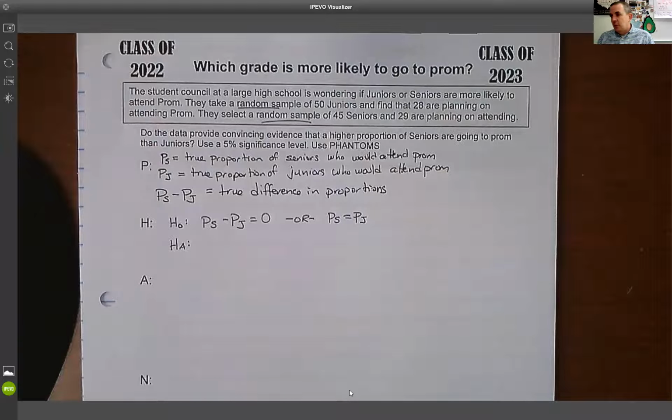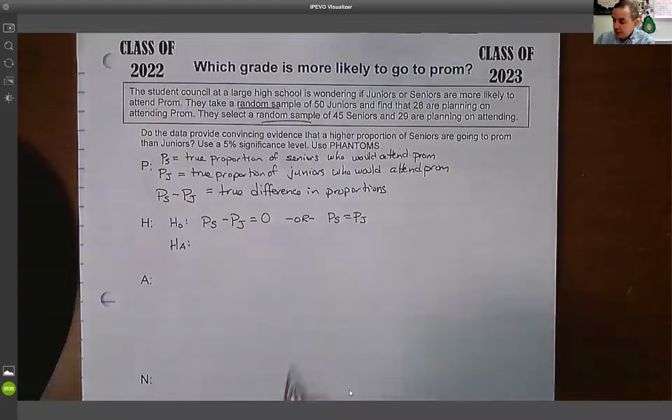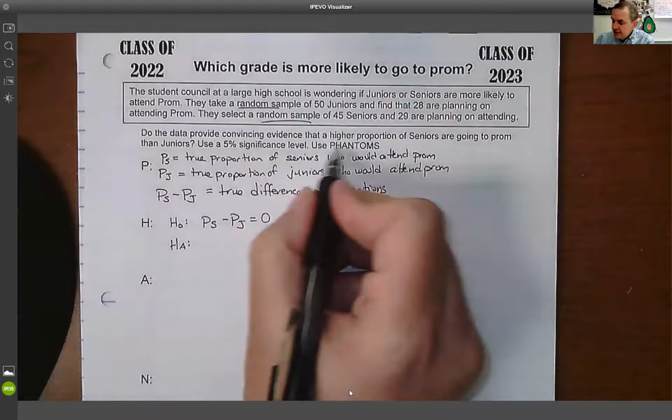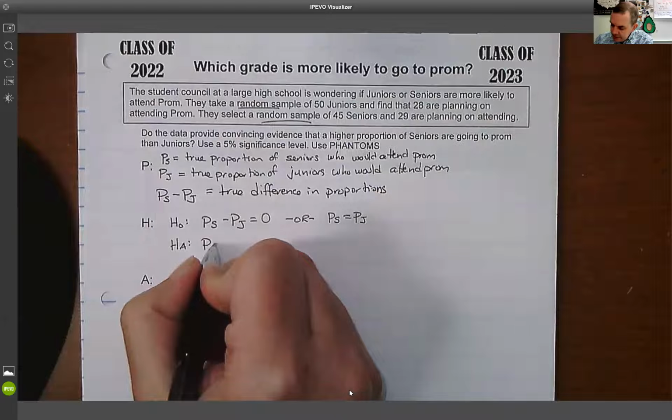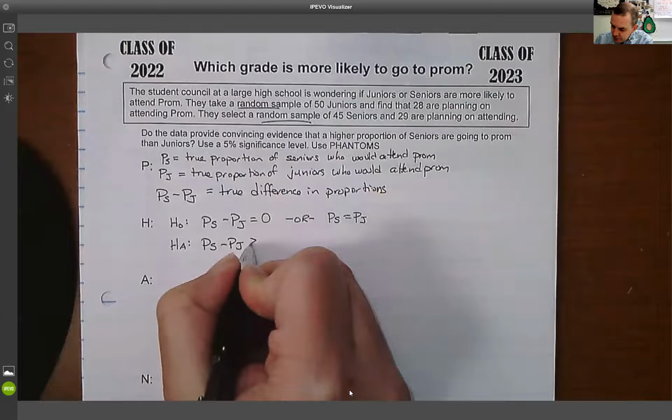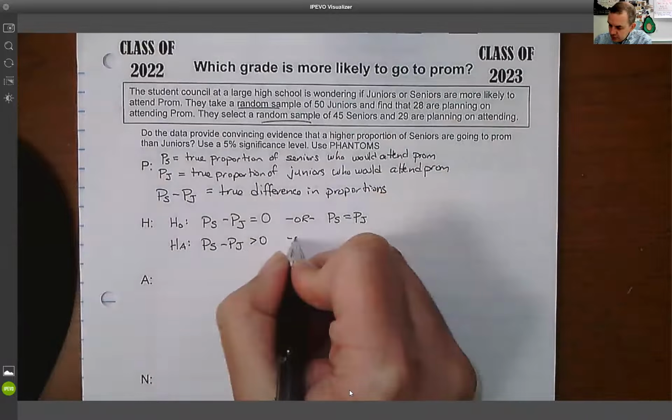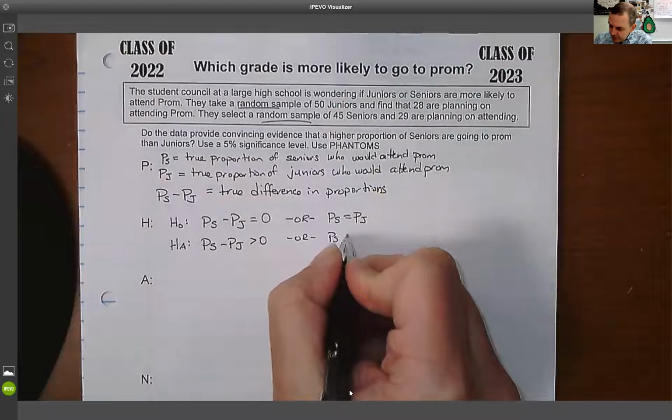That's just another way of saying the same thing. Either one is fine. Whichever one makes more sense to you is the one I want you to go with. The alternative, we want to see that seniors are higher. So that means PS minus PJ would be greater than 0, or PS is greater than PJ.